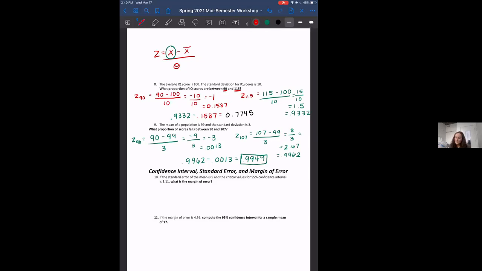All right, no worries. Let's start with the equation. The equation for margin of error, which I'm just going to abbreviate to ME, is equal to the standard error multiplied by the critical value.